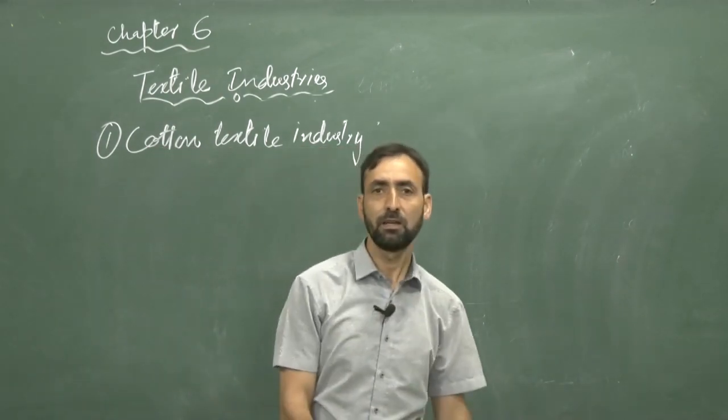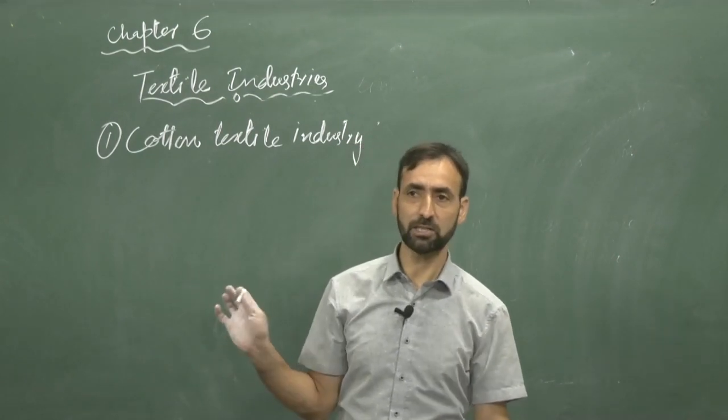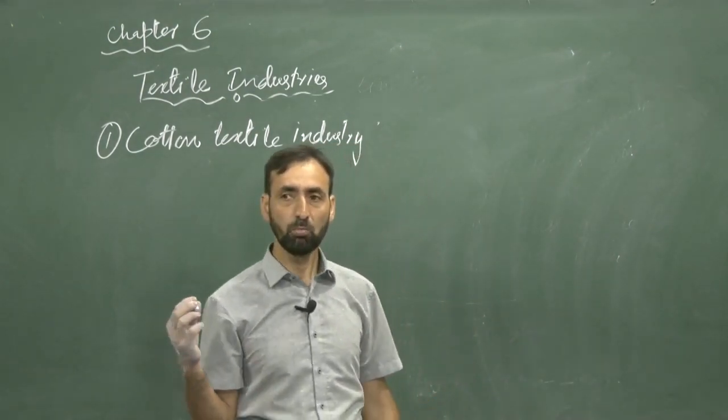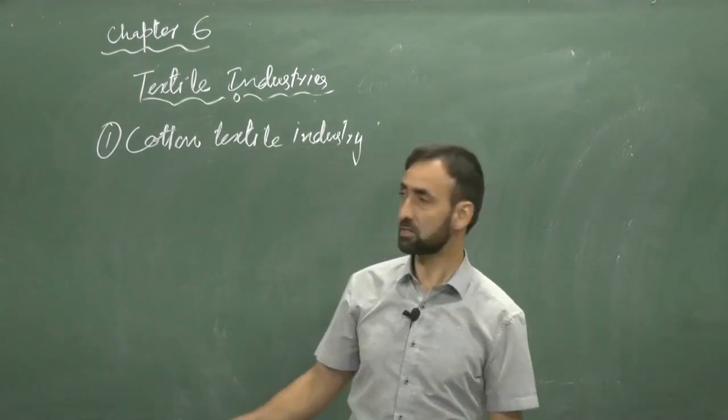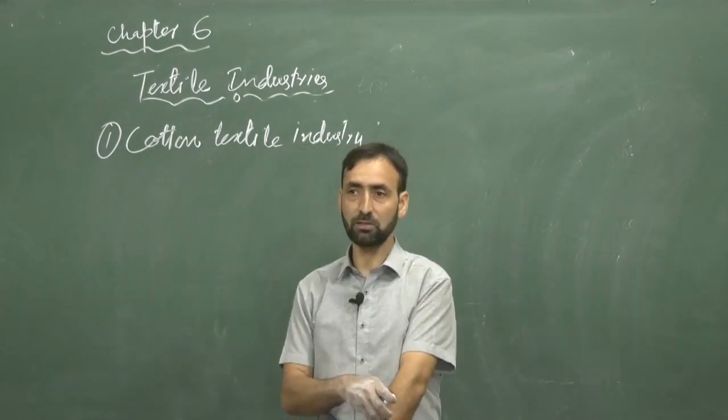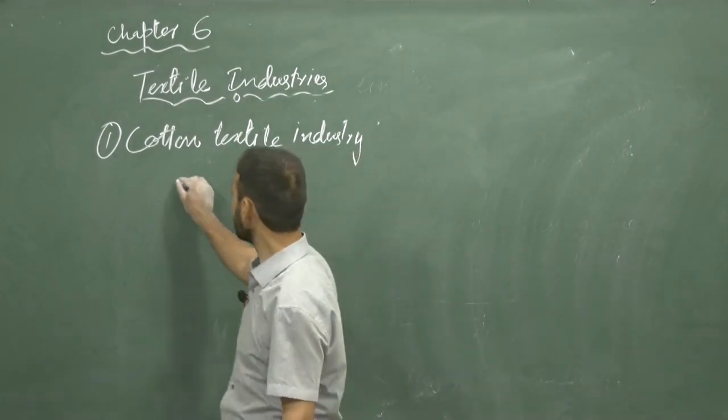We can say that in cotton textile industry, most of the people in ancient times in India were using this cotton to manufacture cloth with the help of hand, which was known as handloom.